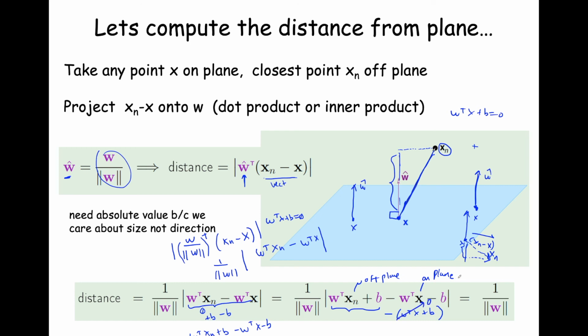We also said that W transpose Xn plus b, we can scale up and scale down, normalizing W, using the constraint that W transpose Xn plus b is exactly equal to 1. So we replace this term with a 1 by our definition, and we're left with 1 over the magnitude of W. This 1 over the magnitude of W is our expression for the distance between that closest off-plane point and the hyperplane.